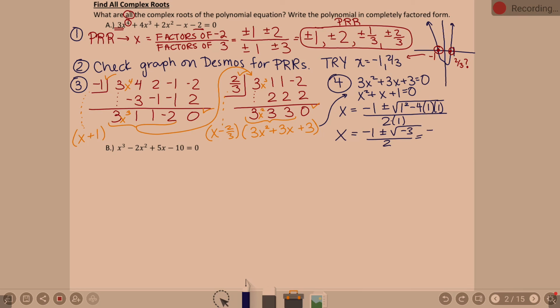So negative 1 plus or minus. How do I deal with square root of negative 3? The i is good because it's a square root of a negative, so we put the i out front. What is the square root of 3? We don't know it. So I'm going to say i square root of 3 all over 2.